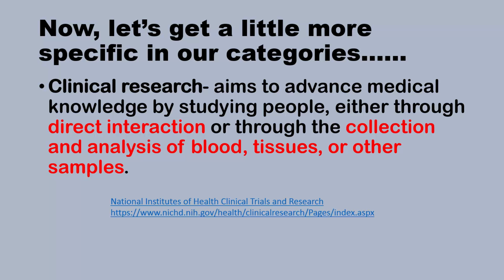Clinical research, which really applies to what happens in the medical world, looks to advance medical knowledge. Now, medical knowledge can include such things as types of treatments, it can include effectiveness of treatments, it can look at disease patterns and whatever in a variety of patients or groups, and it is done either by interacting directly with the patient, or it can be done through analysis of blood, body tissues, or other kinds of samples that are collected from the patient.